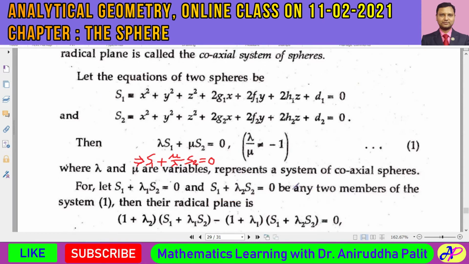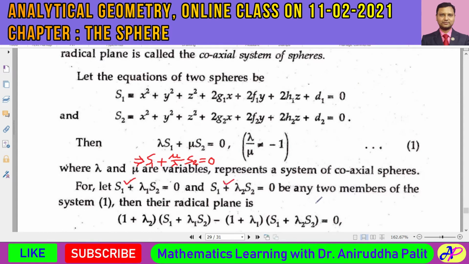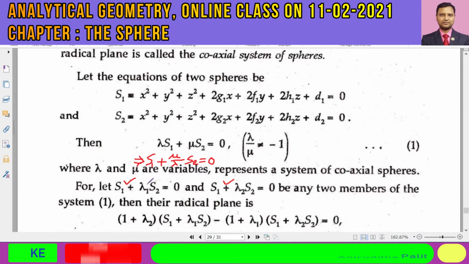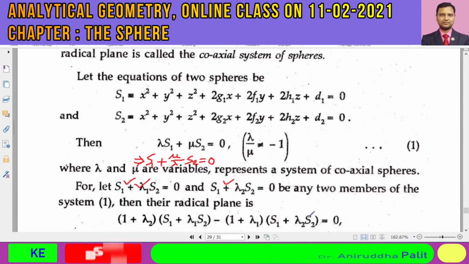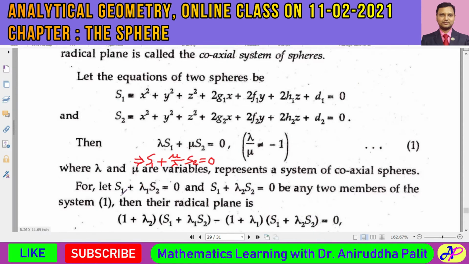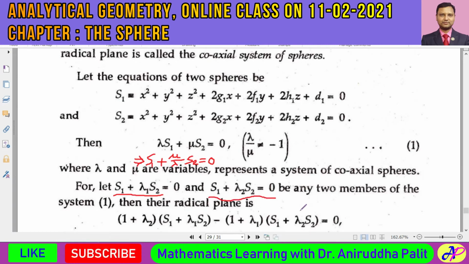And if we consider that these two equations represent two different spheres, then lambda 1 must be different from lambda 2, because if lambda 1 is equal to lambda 2, then this equation will be identical with the second equation, and in that case both would represent a single sphere. So in order to keep these two spheres different, the values of lambda 1 and lambda 2 must be different.